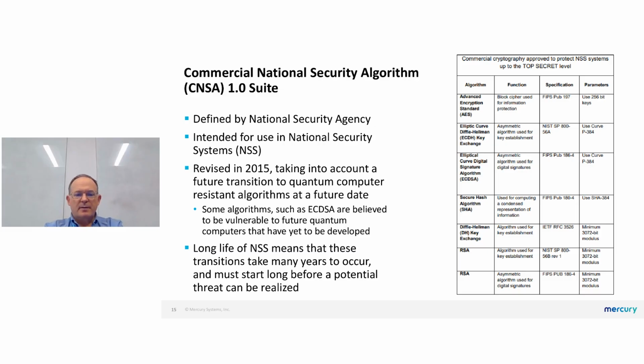Whereas something like a bank transaction, once it's completed, that may be the total lifetime of the importance of that information. So this transition, and we'll talk a little bit more about this on the next slide, would be expected to take many years to occur, and should be complete long before a potential threat can be realized.